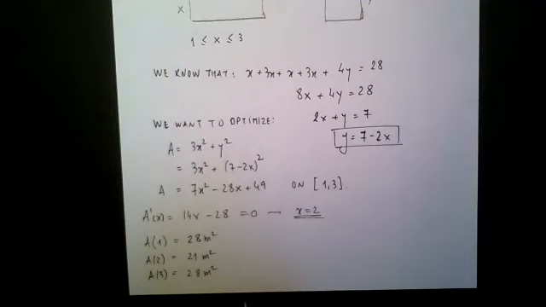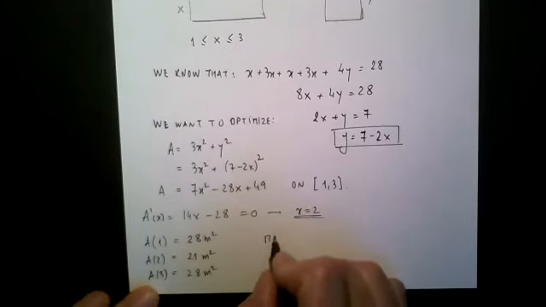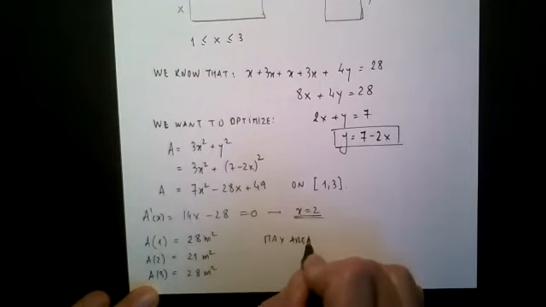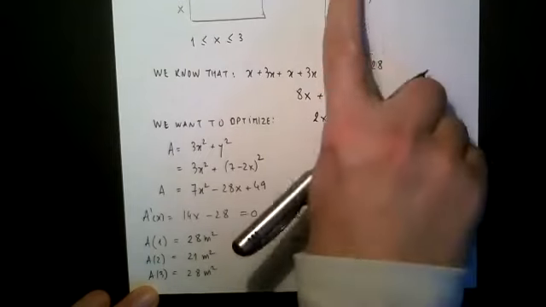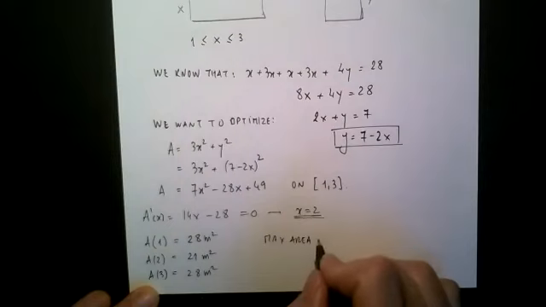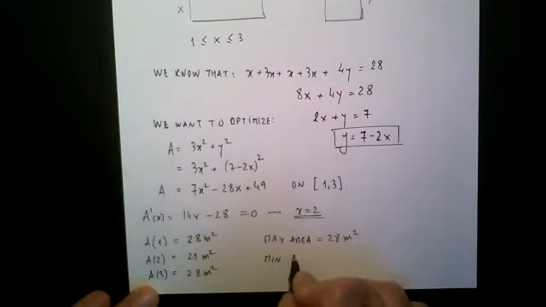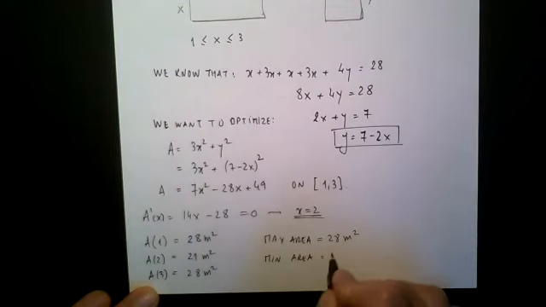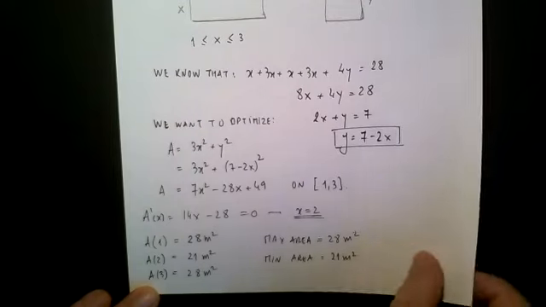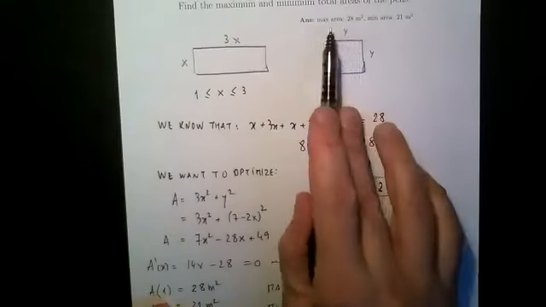So that's it. So the maximum area. Oh, the answer is here. I saw the answer. Maximum area is 28 meters squared, and the minimum area is 21 meters squared, just like our answer says here.